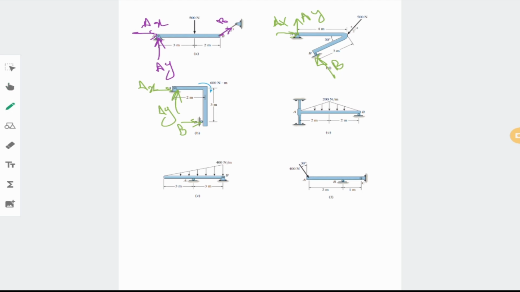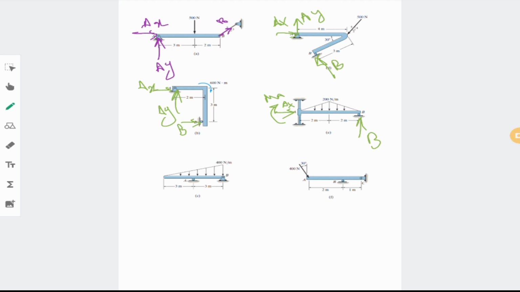One of them is the horizontal force, and the other one is a moment. Name it MA and name this AX, but we are pretty sure you cannot provide any AY. And at point B, similar to previous cases, you have one single force in the vertical direction. Name it B. As you can see, we have only three unknowns here, and we are able to solve this problem. Okay, let's get to the next one.